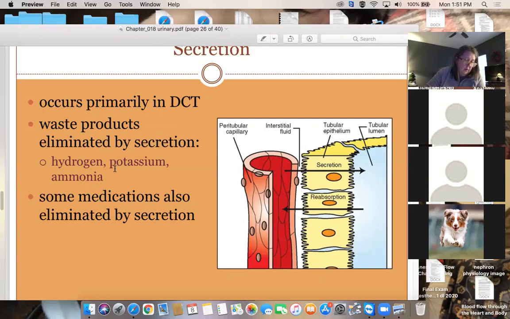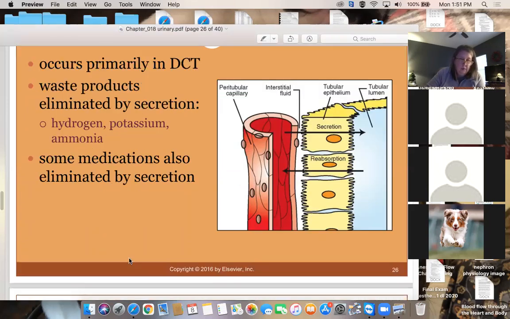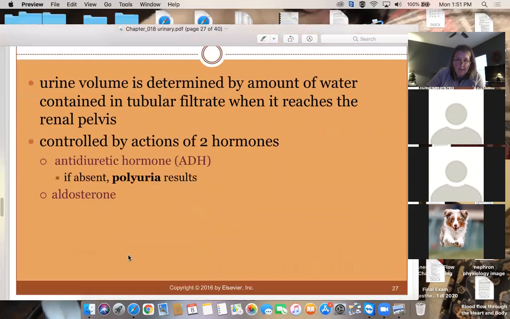How is urine volume regulated? How does ADH play a role? So ADH, and we're doing hormones next, we're doing endocrine system next. ADH is a hormone called antidiuretic hormone, and it helps maintain hydration. Now, when I'm talking about hydration balance, I'm not talking about an animal that's 10% dehydrated.